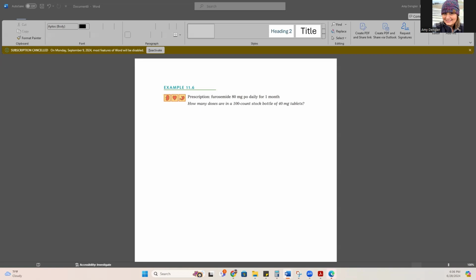Example 11.6, prescription for furosemide 80 milligrams by mouth daily for 1 month. How many doses are in a 100-count stock bottle of 40 milligram tablets?